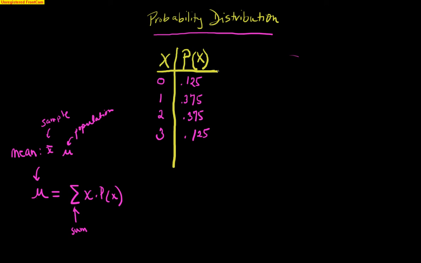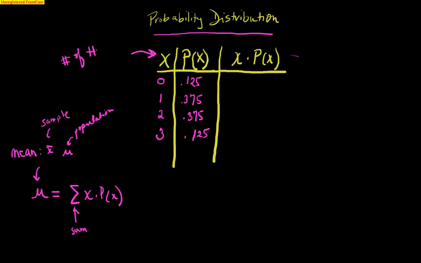What I'm going to do with this probability distribution is add a 3rd column right here where I multiply each x times its probability. And don't forget that x again was the number of heads in 3 tosses of a coin.